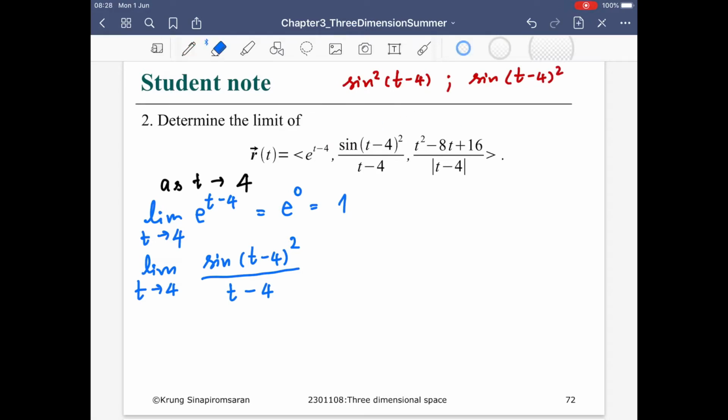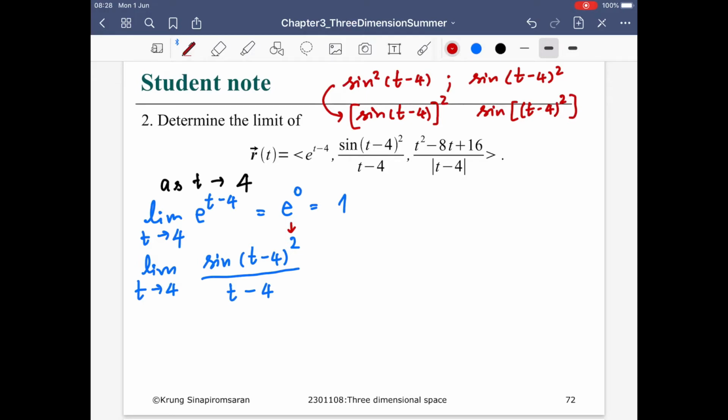Here it means you have the sine of (t minus 4) squared, with a 2 of the sine, but this one means you have your angle squared, but only one sine.